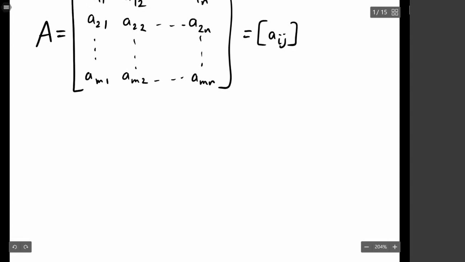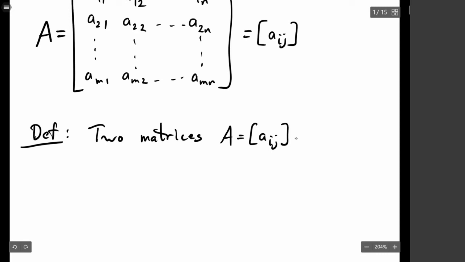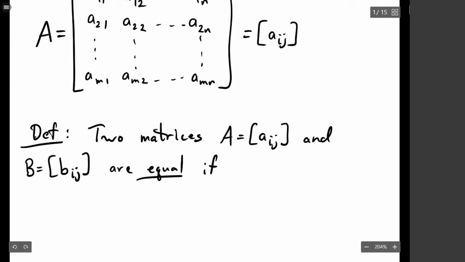So, for example, definition here. Two matrices, A equals [Aij], and B, which we'll say is [Bij], are equal if they have the same size.